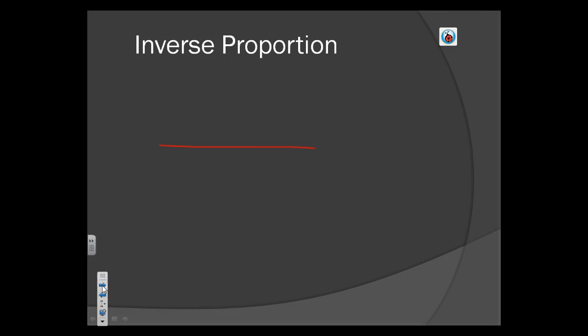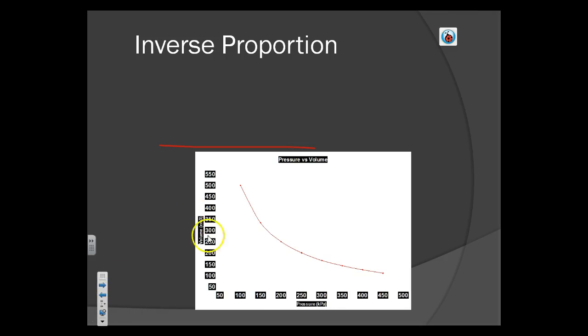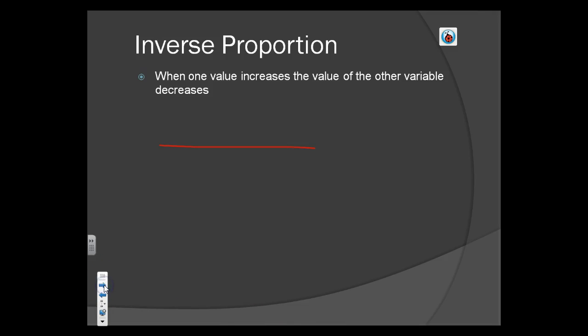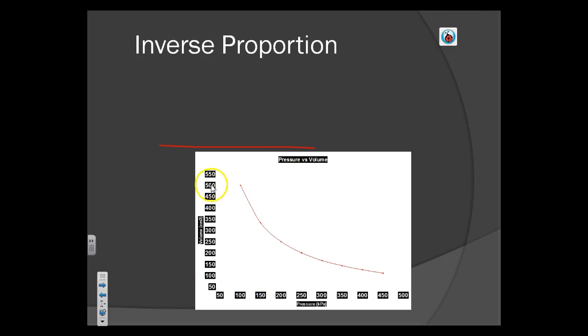Inverse proportion. When you graph one variable against the other, you get a shape that looks like this. When one value increases, the other variable decreases. So if I go back to this graph, this is volume and pressure, and we'll talk about that when we get to gases. If my volume is at 500 cubic centimeters, my pressure is right around 100 kilopascals.